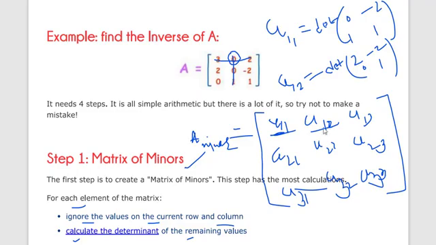Okay. So here also, if we want to find A13, then how will we find it? Same procedure. This is A13. Ignore this column and row and find the determinant of the remaining 2 by 2 matrix: 2, 0, 0, 1.